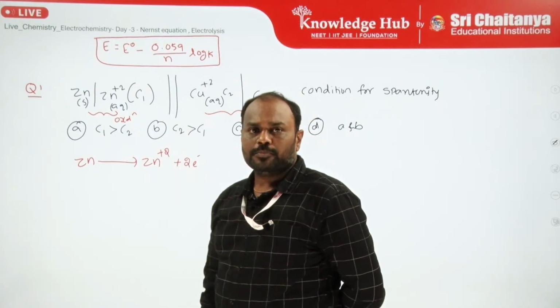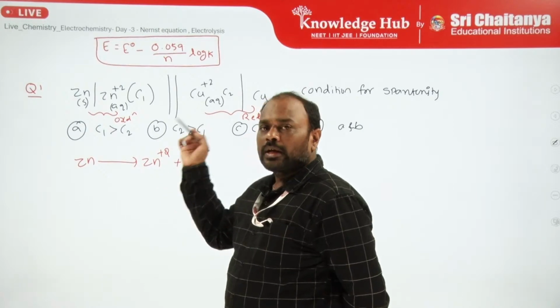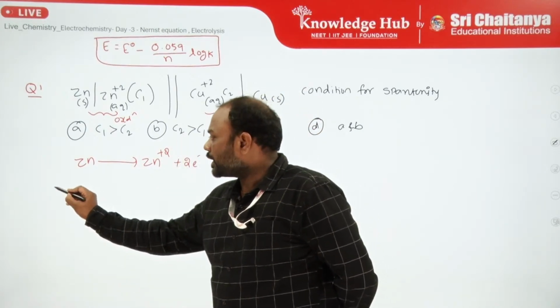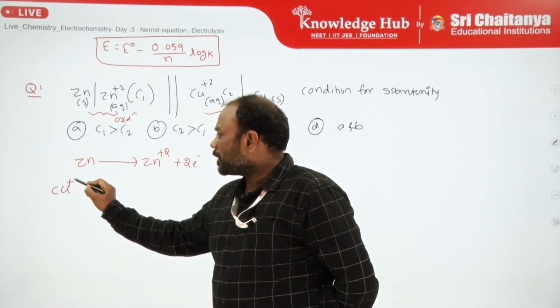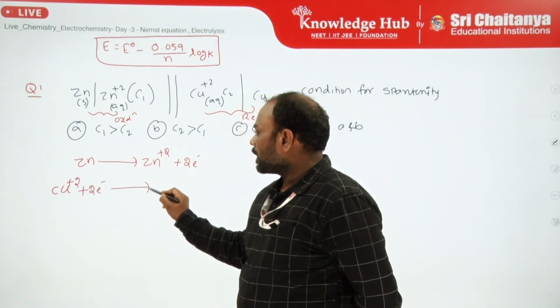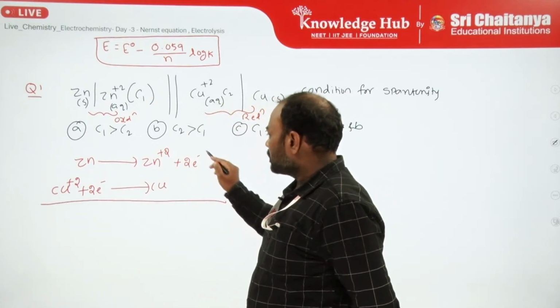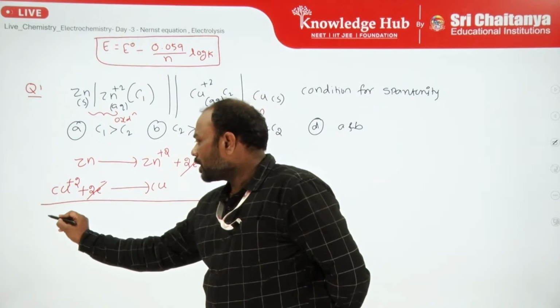Here it is in aqueous medium. This is the oxidation. The right side is the reduction: Cu plus 2 gains 2 electrons and is converted into Cu. In the overall equation, the electrons get cancelled.